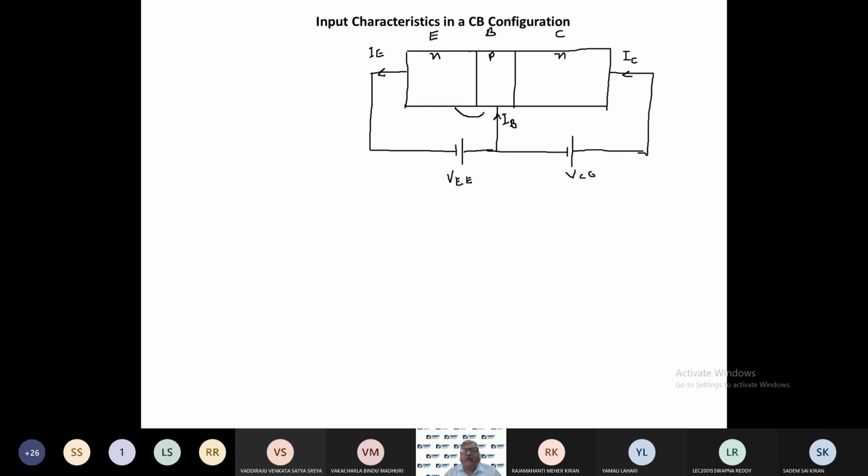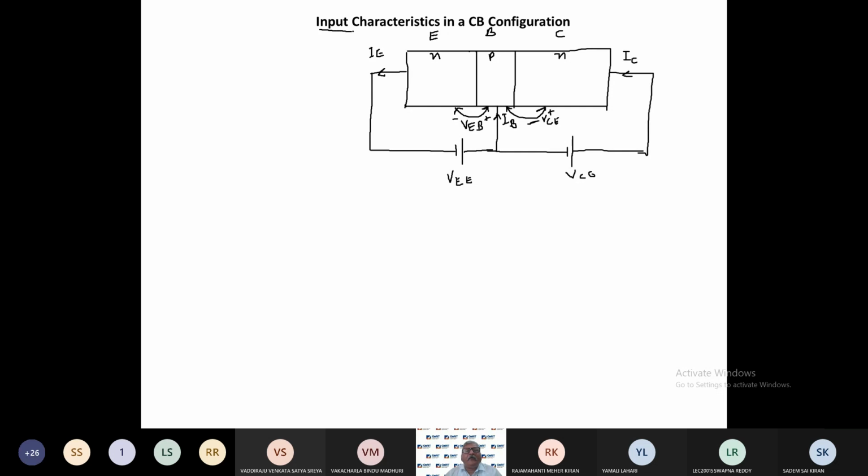The voltage drop between emitter and base is VEB. Here it is minus, here it is plus. The voltage drop between base and collector is VCE, this side positive and this side negative. Okay.